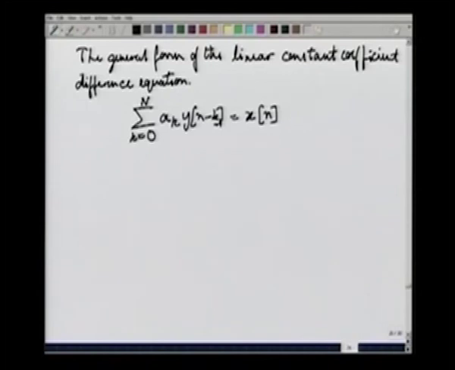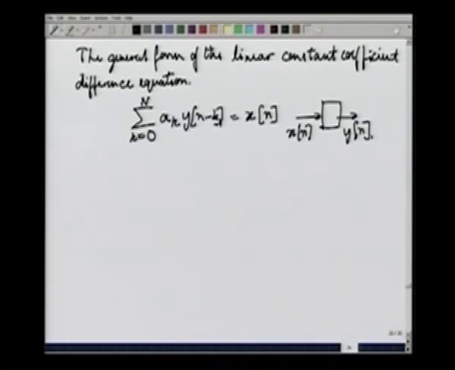This is the general form of the equation. So, we believe that this should correspond to a system where x n is the input and y n is the output.